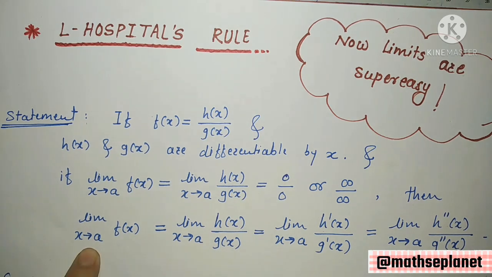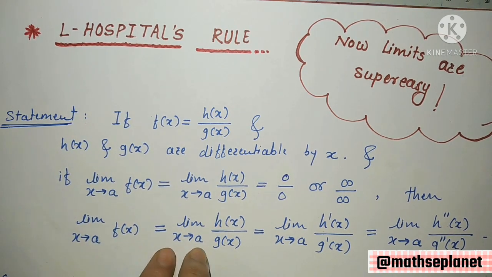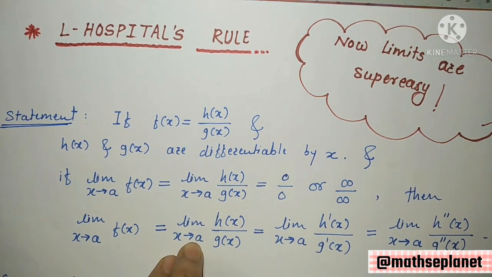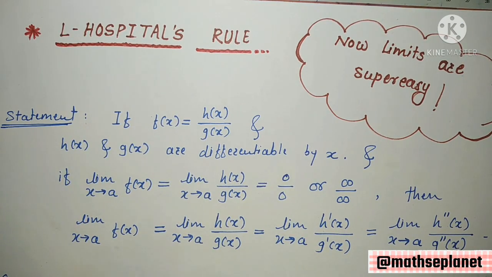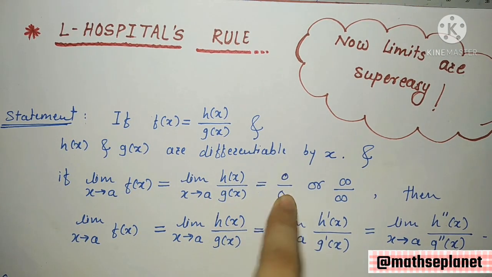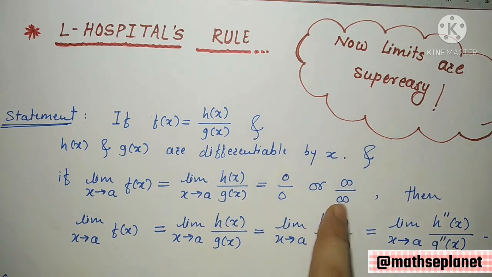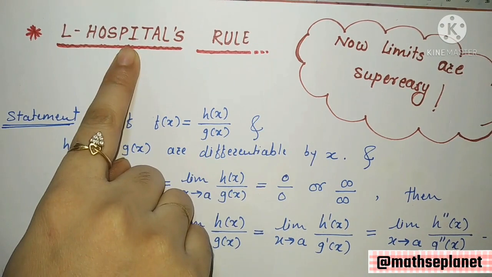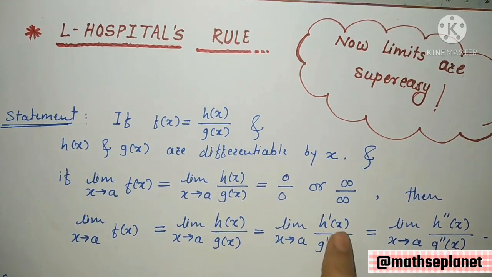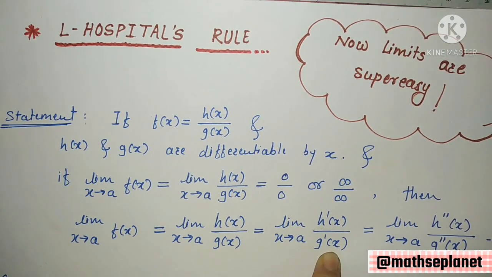If after substituting x equal to a in the function we get 0 by 0 or infinity by infinity, then we apply L'Hopital's rule. We differentiate both the functions in the numerator and denominator, separately.